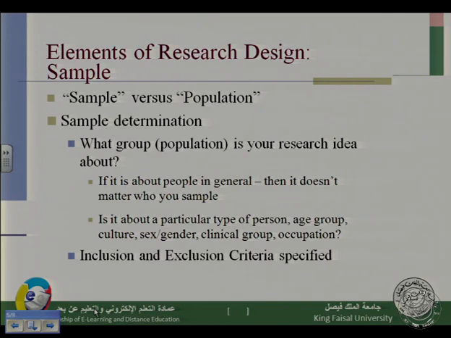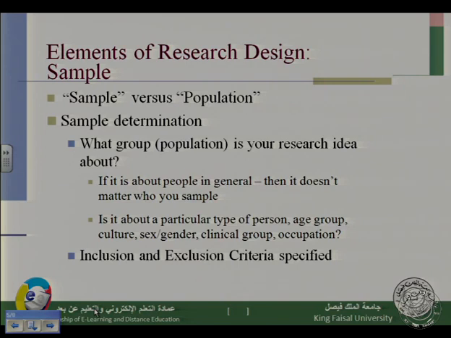You need to be selective, and there is a way to select, because if you select in a way that's not accepted, this is going to affect the results of your research. And we are going to talk about selection in a minute.